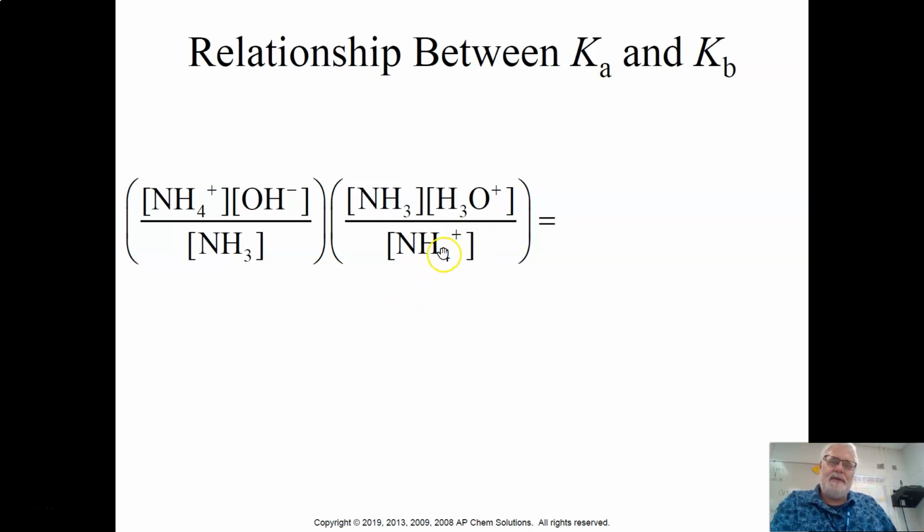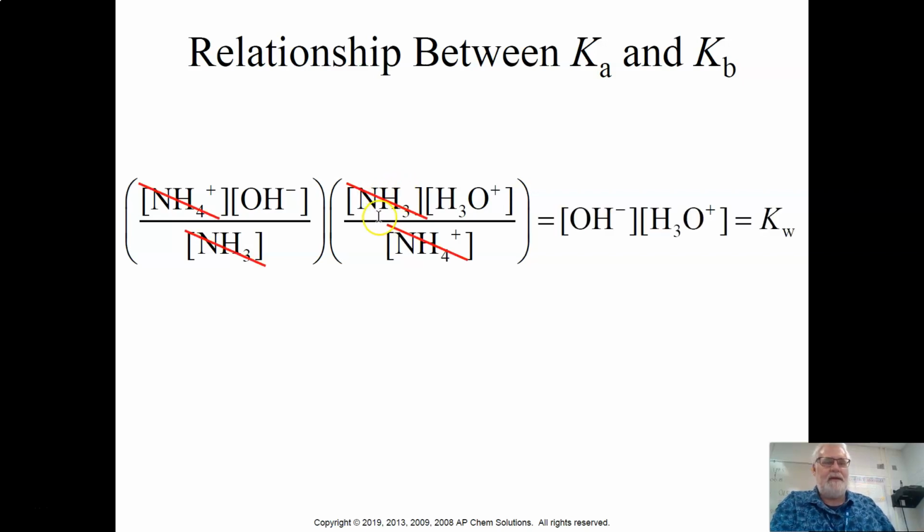You're like, oh, I've got ammonium there and ammonium there. Those will cancel out. I've got ammonia and ammonia. Those will cancel out. And lo and behold, you end up with hydroxide ion times hydronium ion equals Kw.